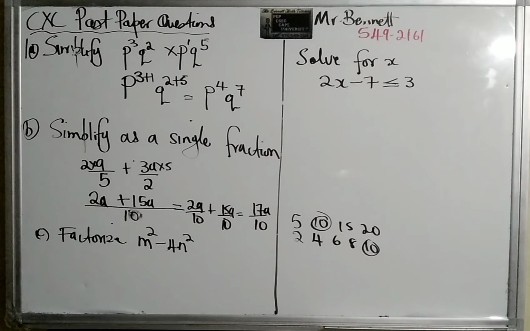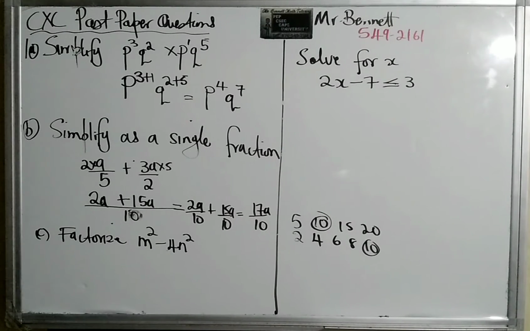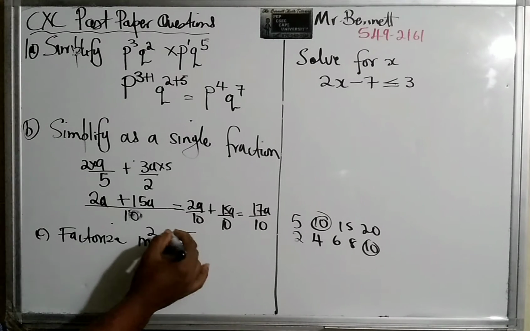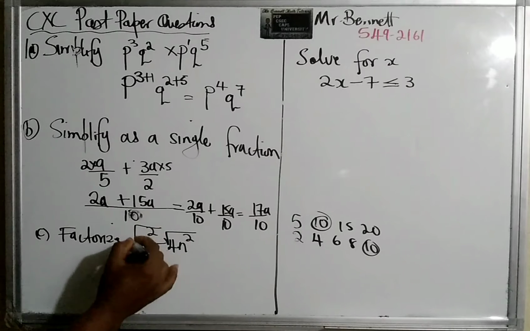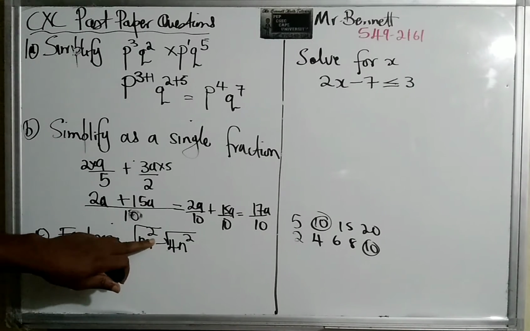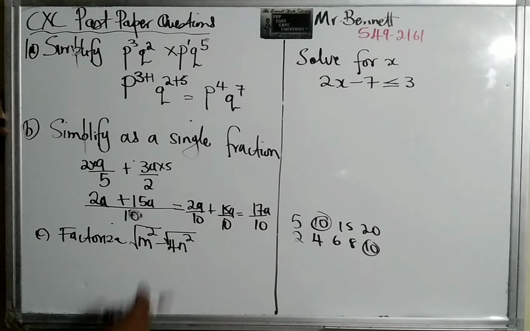Alright, this one says factorize m squared minus 4n squared. Now this one is a little bit tricky, but remember I showed you the shortcut the other day. We need to find which number will multiply by itself to give us m squared, and which number will multiply by itself to give us 4n squared.